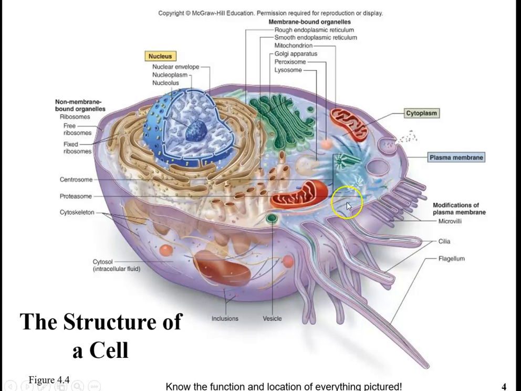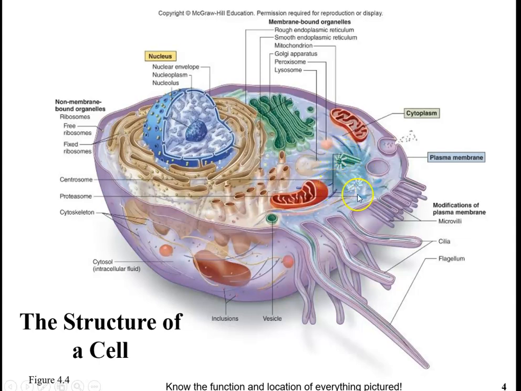You have the cytoplasm, which is the substance inside of the cell, and it contains several different organelles. It contains, for instance, the cytoskeleton, which are a bunch of small fibers that give the cell shape and structure. It contains a centrosome, which helps in mitosis, in dividing the cell.